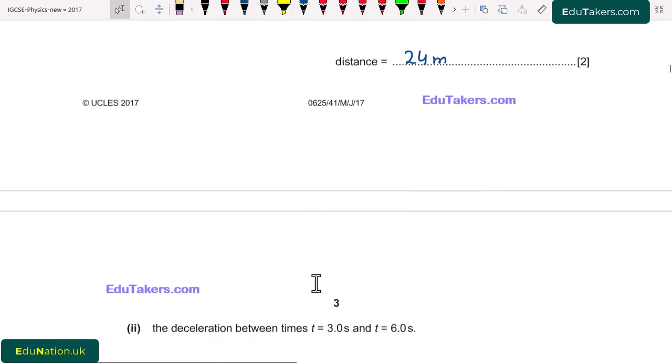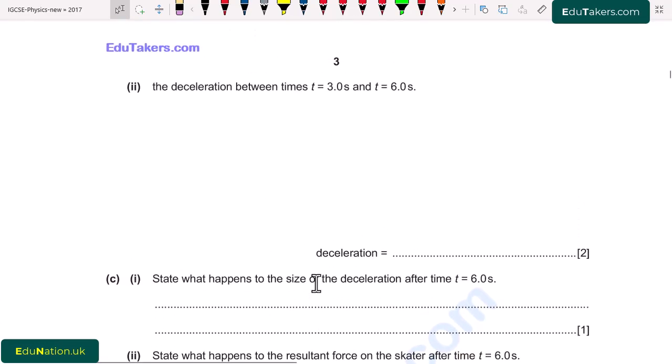Going towards the next part. 2. The deceleration between t is equal to 3.0 second and t is equal to 6.0 second. So here we have to find out the deceleration. This is basically the negative acceleration, and we know that the slope of speed time graph gives us acceleration.